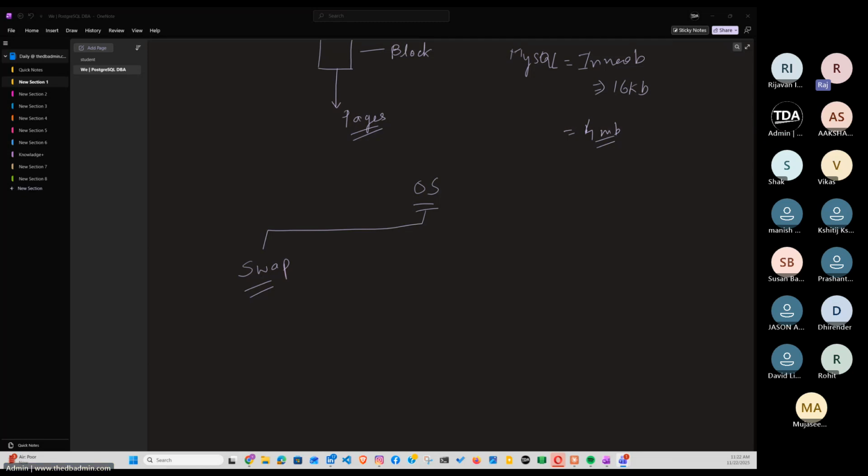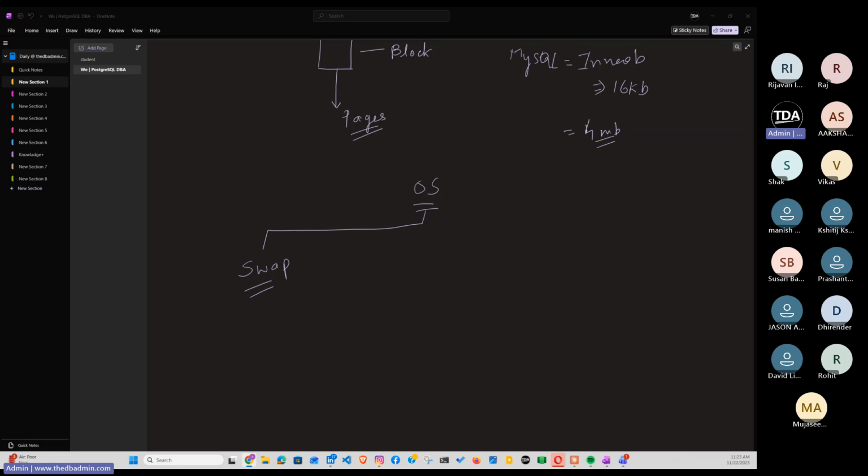But our DB size can go further and the memory also gets used. In that case, when the memory gets exhausted, the data comes into the swap disk. So to avoid OOM, out of memory issues, that is why we enable swap in our databases.